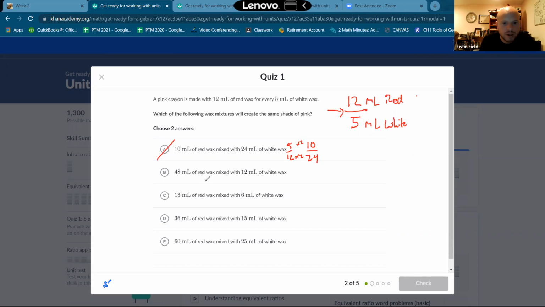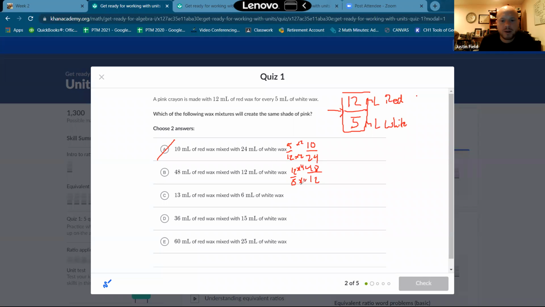So now how about 48/12? Will that work? No, because our original ratio of 12/5 here, if we multiply by 4, we get from 12 to 48.